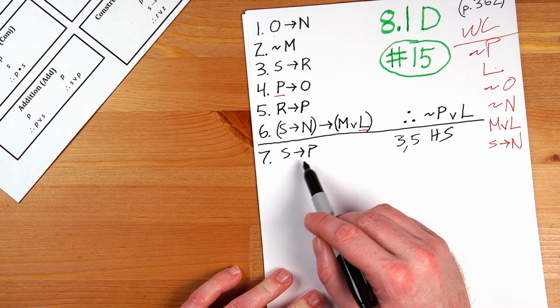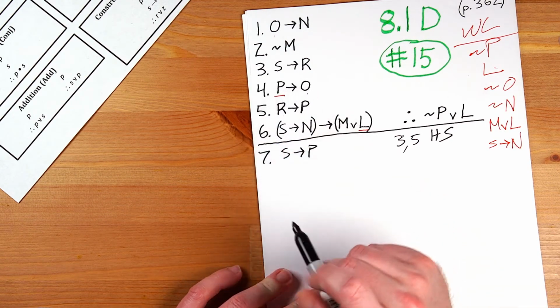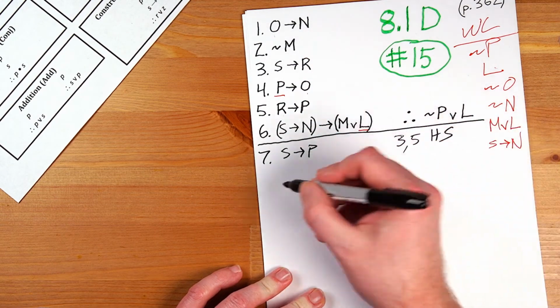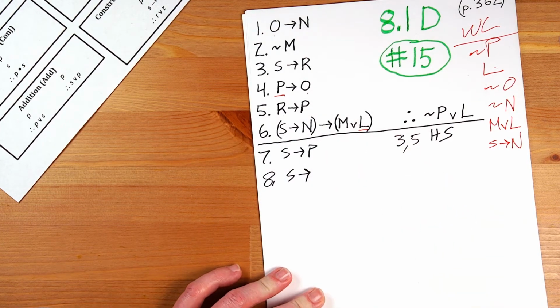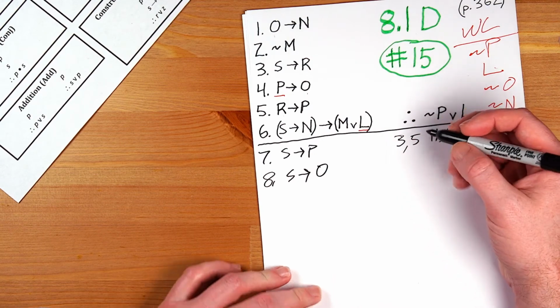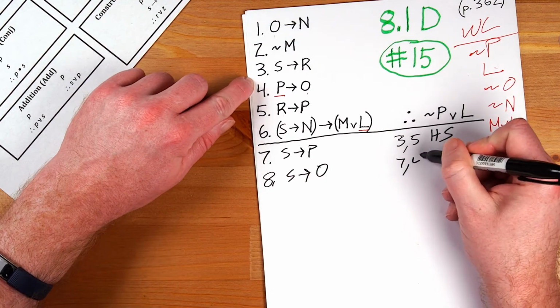Now, since we have S arrow P, we can look at 4. Since that's P arrow O, we can get rid of the P middleman and just write S arrow O. And that's going to be what? Line 7 and line 4.